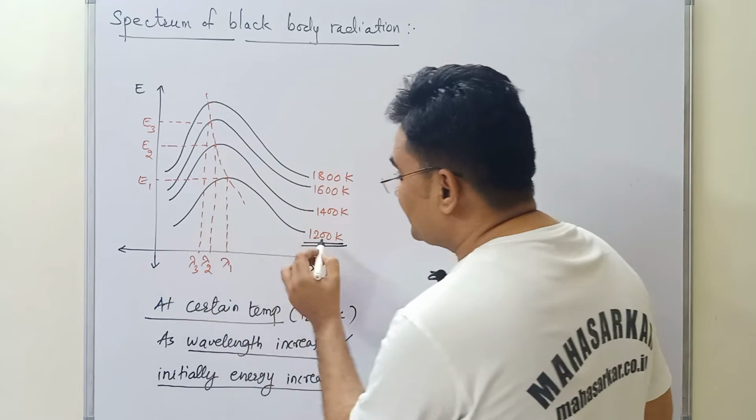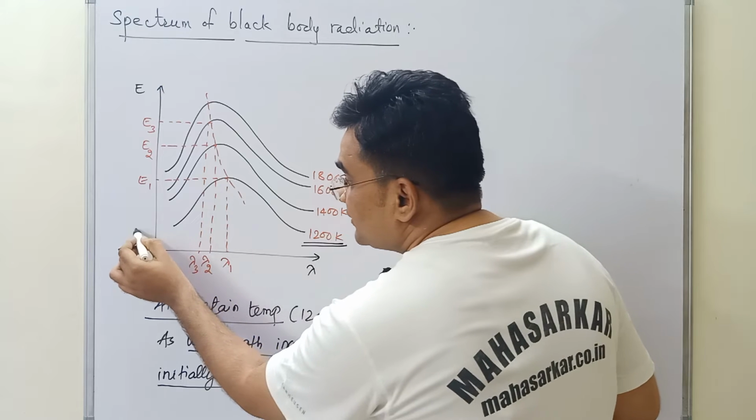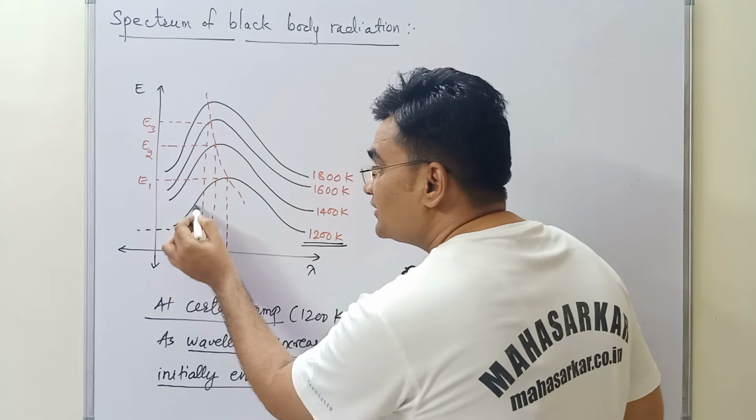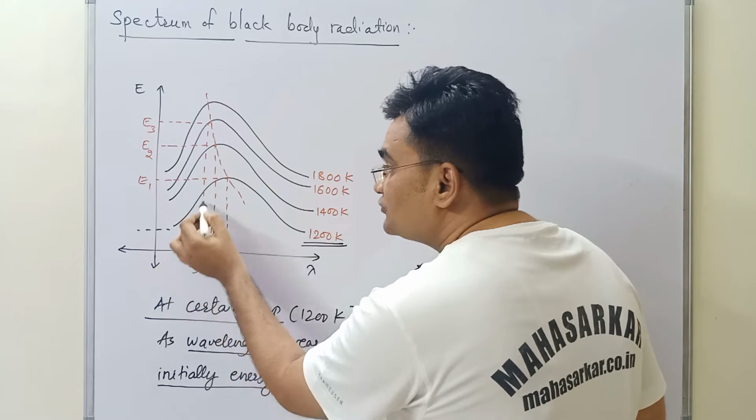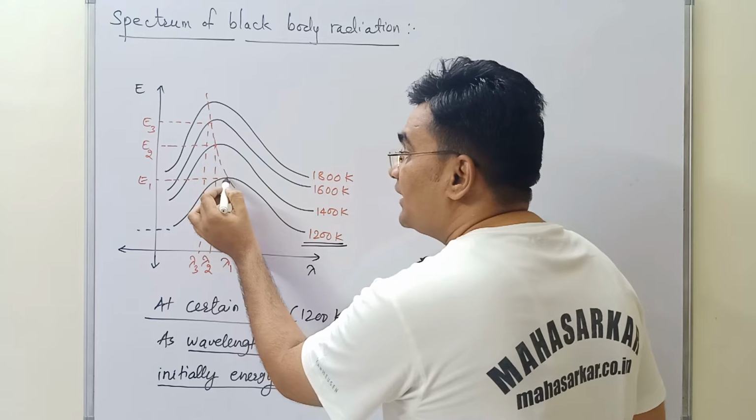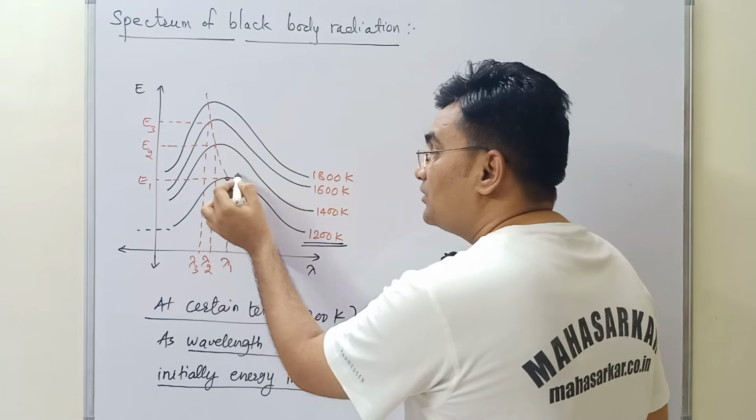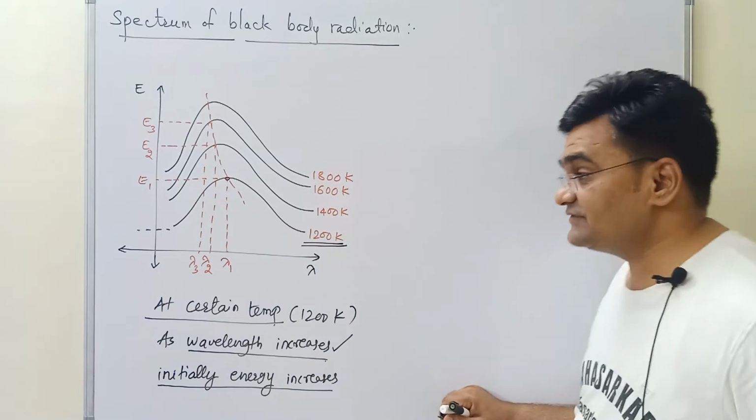As you can see from the graph, initially energy increased, correspondingly wavelength also increased up to a certain point, and then the wavelength goes on decreasing.